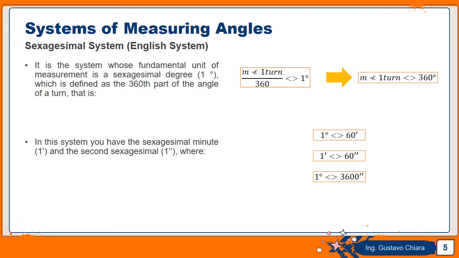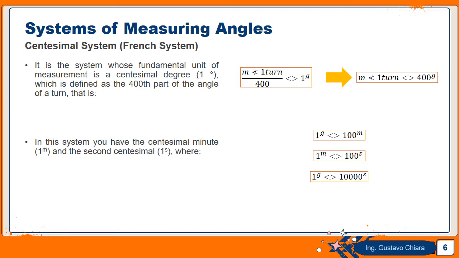So the measure of one turn is equal to 360 sexagesimal degrees. In this system you have the sexagesimal minute and the sexagesimal second. So it means that 1 degree is equal to 60 minutes, 1 minute is equal to 60 seconds, and 1 degree is equal to 3600 seconds.